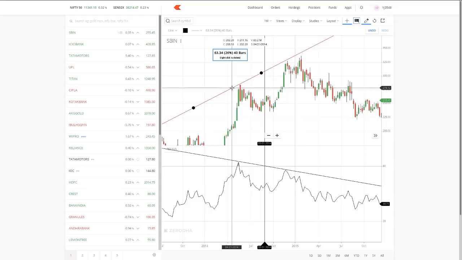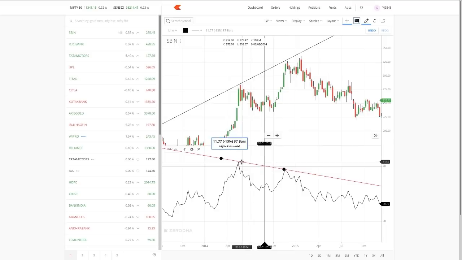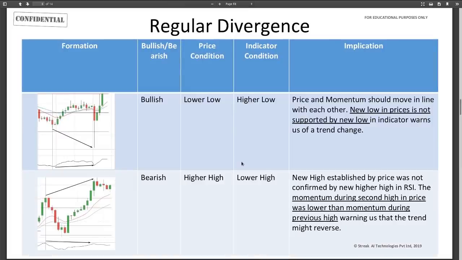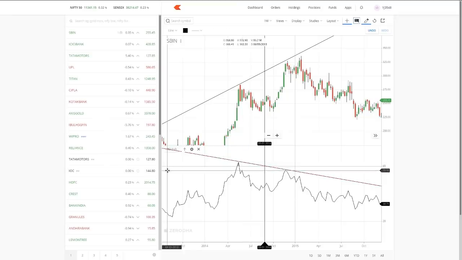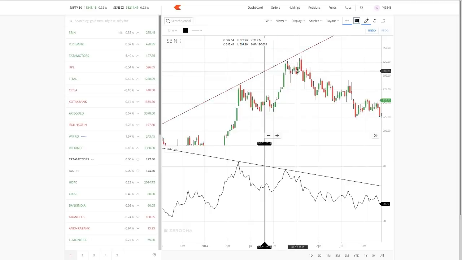Let's say this is 10 weeks, and this, let's say, is 10 weeks. In this period, if you connect the highs which are being formed, a higher high is being formed, whereas in this scenario a lower high is formed, which indicates a bearish divergence.